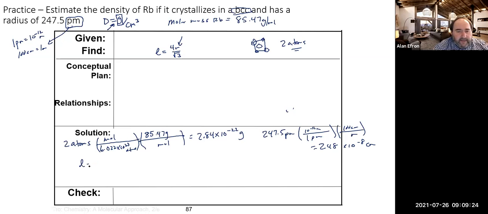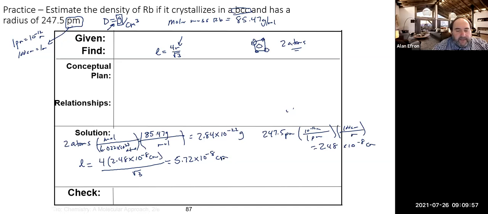And if we do that, the length would equal 4 times our 2.48 times 10 to the minus 8 centimeters divided by the square root of 3. That gives 5.72 something.